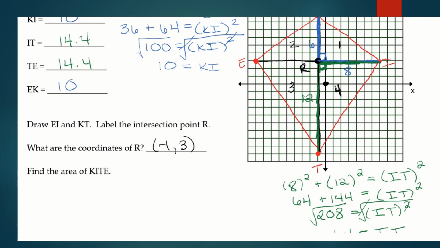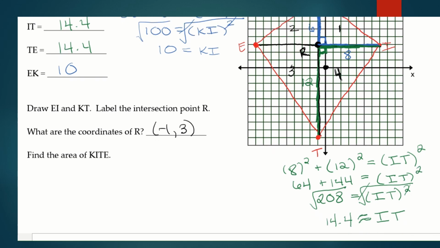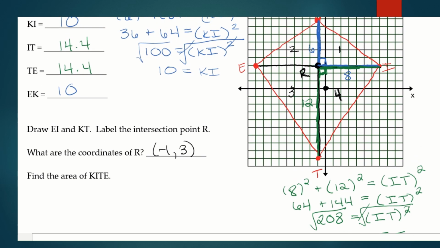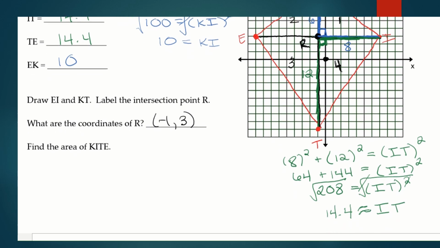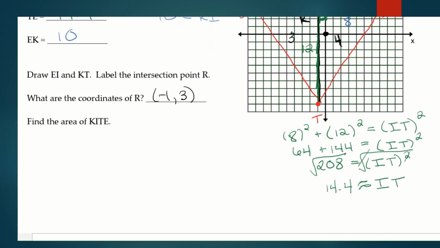I'm going to find the area of each of these and then combine them for the overall area of the kite. Let's look at that first right triangle that we labeled, KRI. Remember the area of a triangle is 1/2 base times height. So A equals 1/2 base times height.